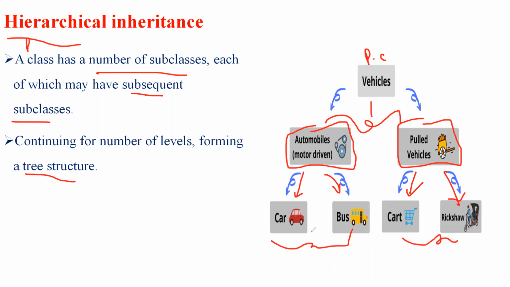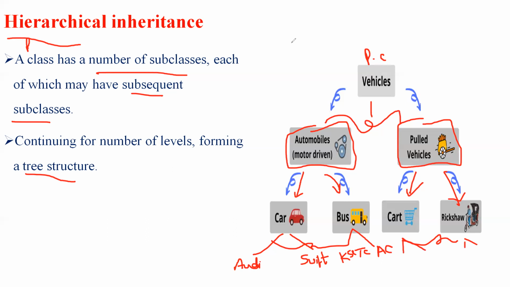Now if I again subsequently divide this, if I say the car is a Hardy, or the car is a Swift, or if I specify the bus as a KSRTC, or an air conditioning bus, and again this cart is divided into some more, and this rickshaw is divided into some more, it will subsequently form a tree-like structure.